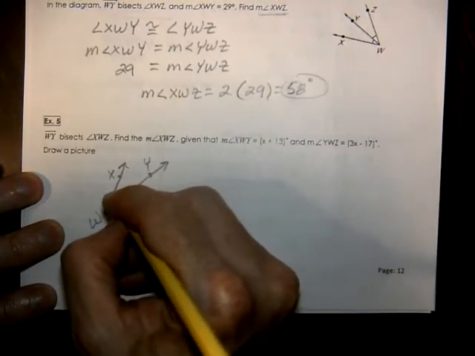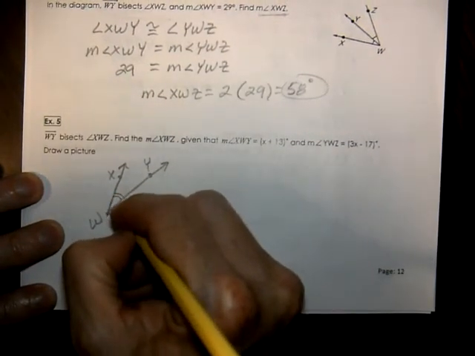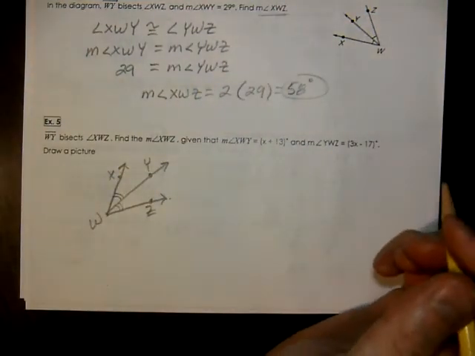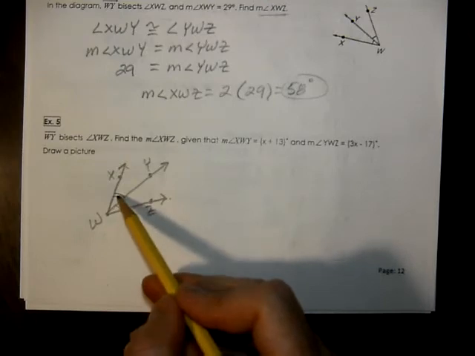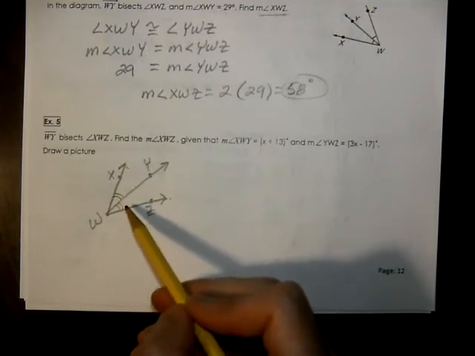So that means it breaks it into congruent angles. So the tick marks just tell us, since they're the same amount, that these two angles are congruent.